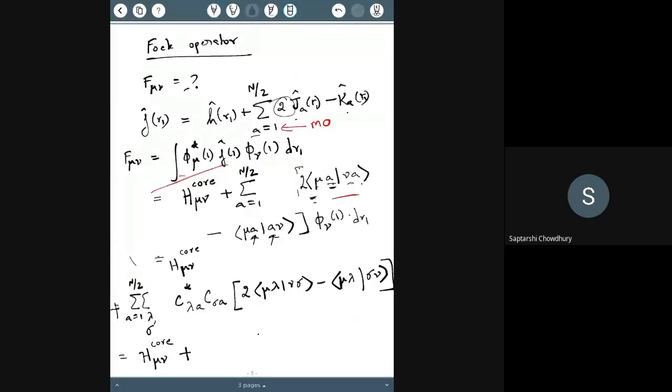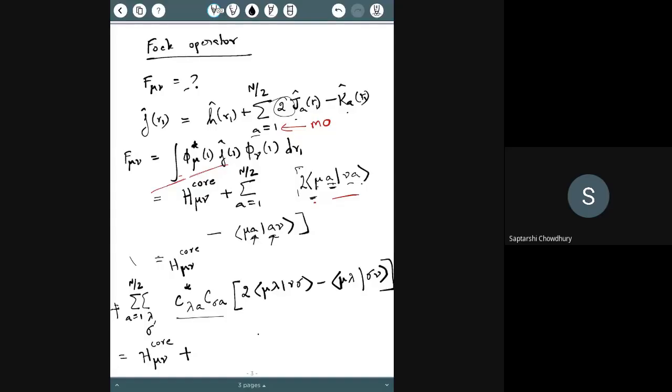None of this should have been there. I have already taken the expectation value. So I get this and this. And now I will define something new. I will sum the coefficient matrices over A, which is the molecular orbital index, and call it a density matrix P lambda sigma.